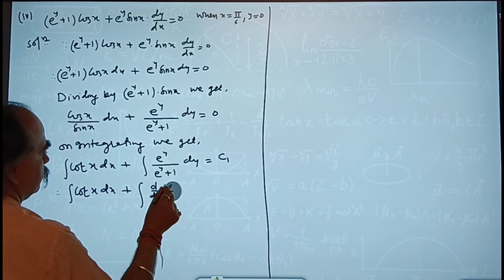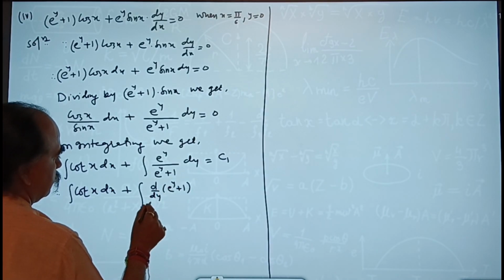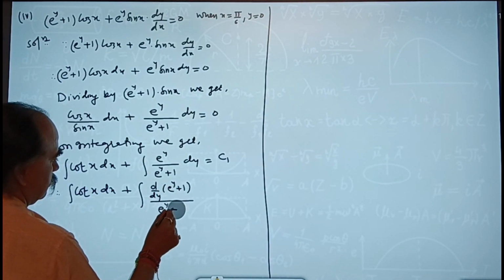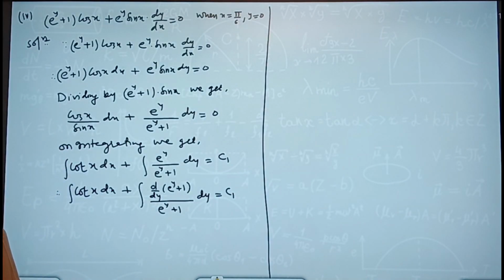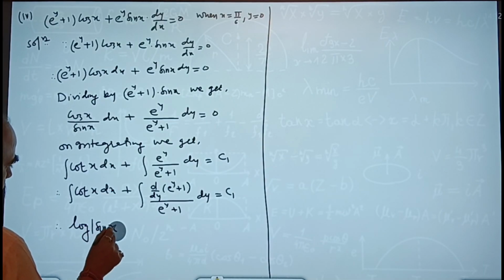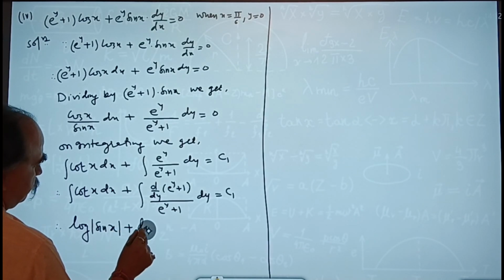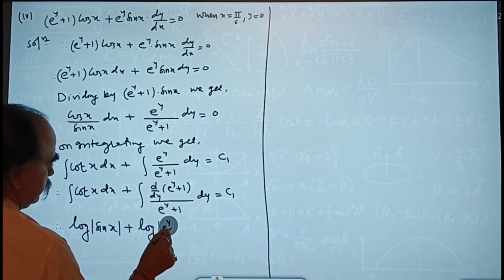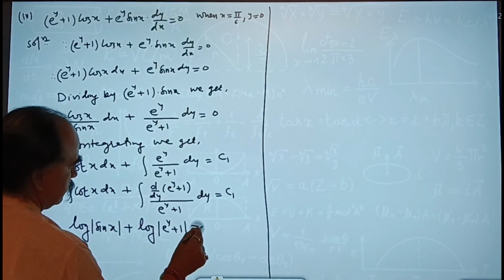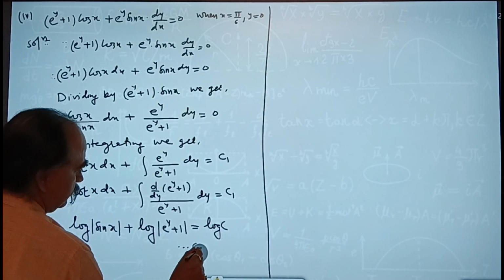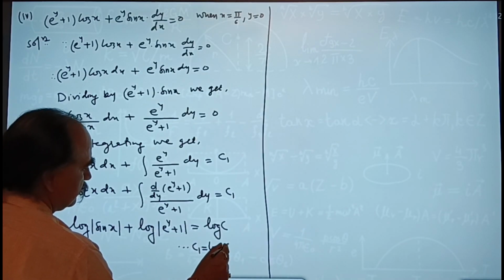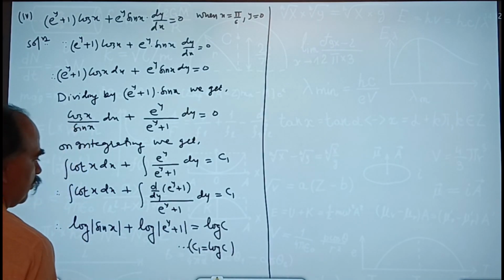Derivative of denominator. So this is log of sin x plus log of e raised to y plus 1 plus log c. C1 is equal to log c, is constant.